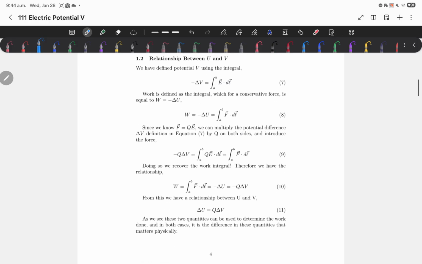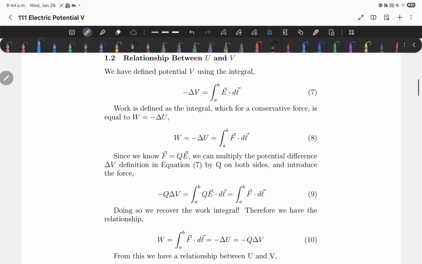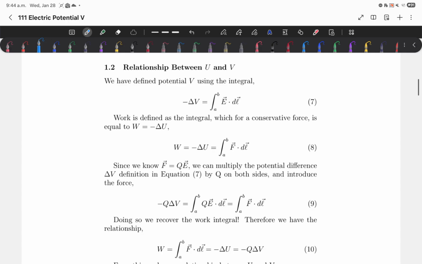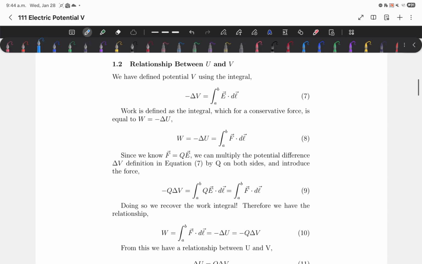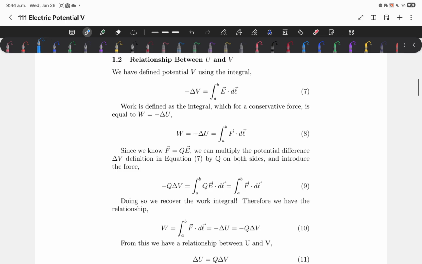Okay, I just mentioned there's a relationship between U and V. So what is that relationship? Well, at the start of the lecture, we introduced equation 7 here. Equation 7 states that the negative change in potential equals this integral of the electric field.